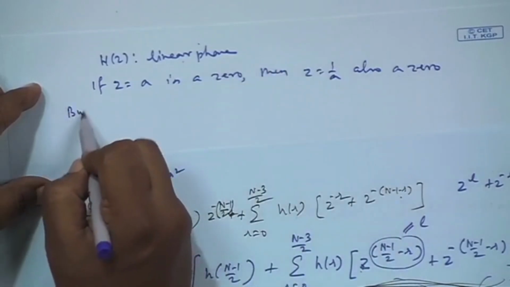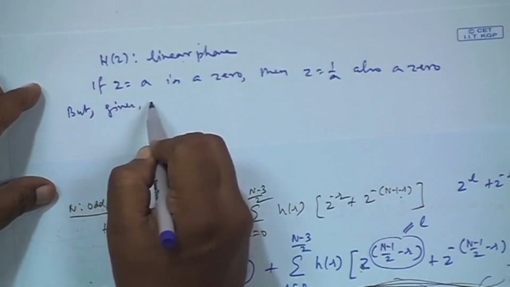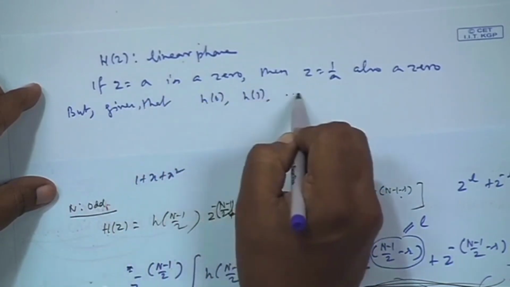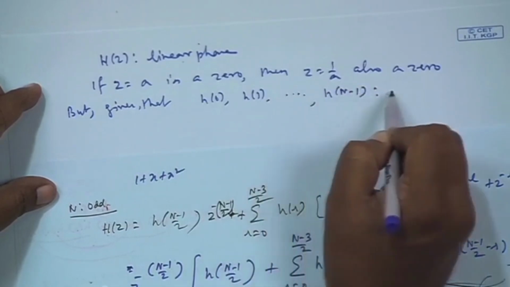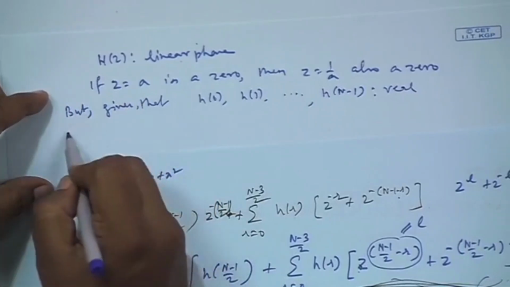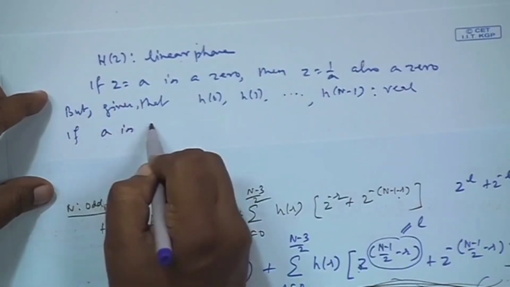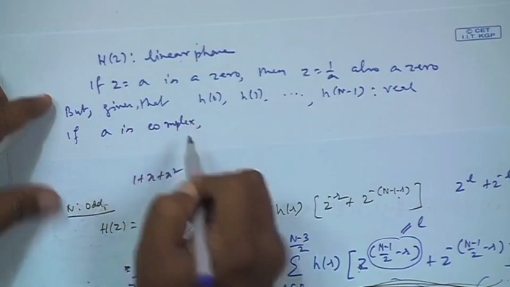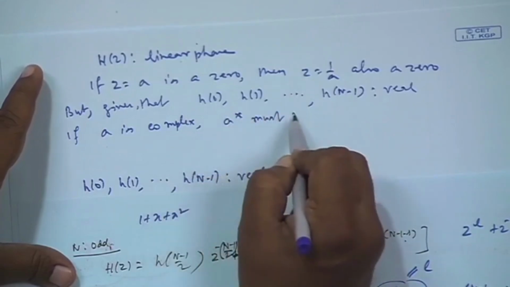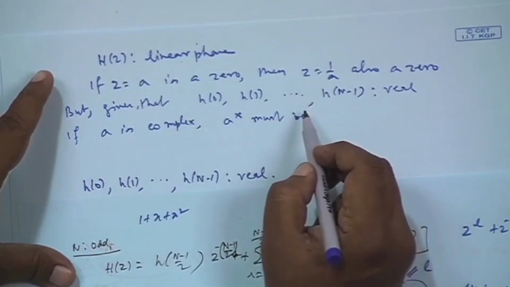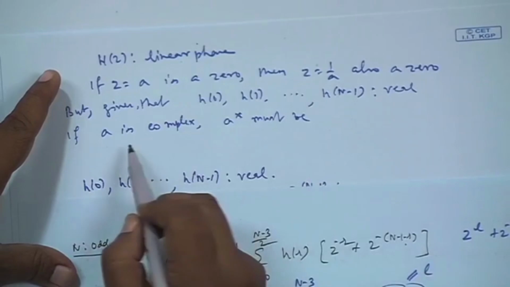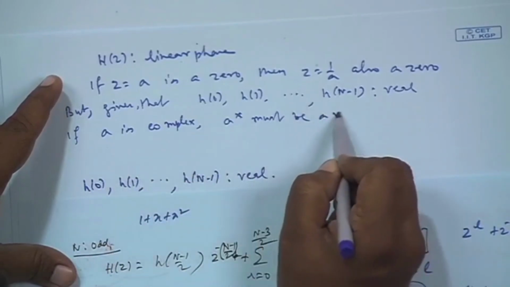But given that H 0, H 1 up to H n minus 1 are all real, okay, in that case, if a is complex, we have seen a star also must be a root. If a is a 0, earlier we have seen 1 by a is 0, but again under this condition that the coefficients are real, if a is complex, then a star must be a root also, must be a 0 also.